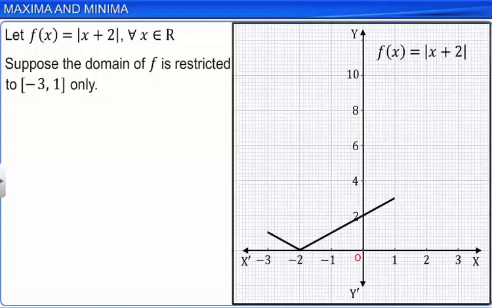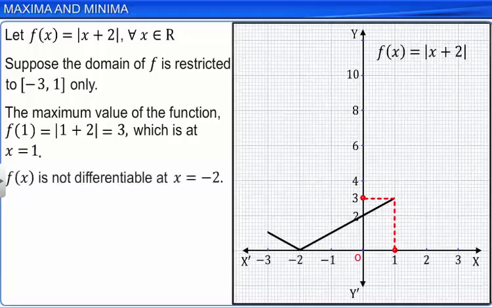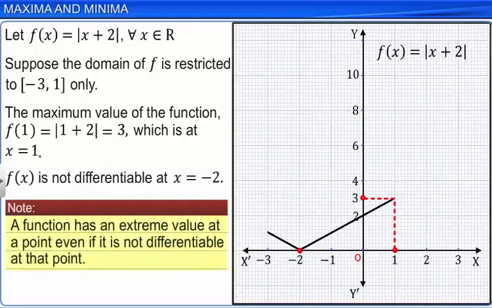In this case, the maximum value of the function is 3, which is at x is equal to 1. If you notice, you will observe that the function is not differentiable at x is equal to -2. This shows that a function has an extreme value at a point even if it is not differentiable at that point.